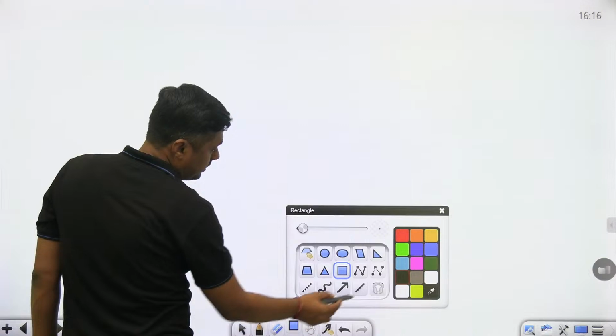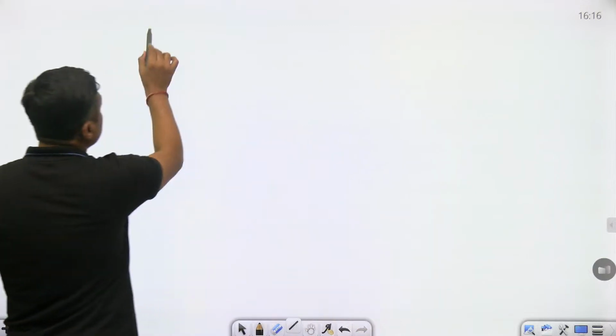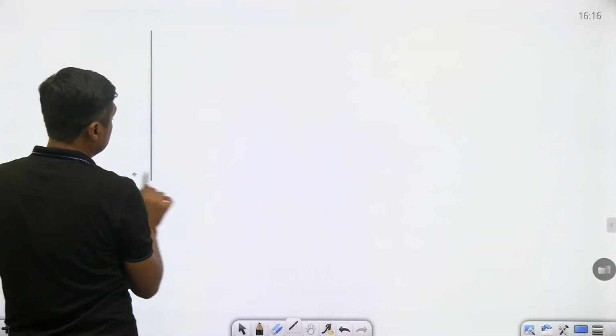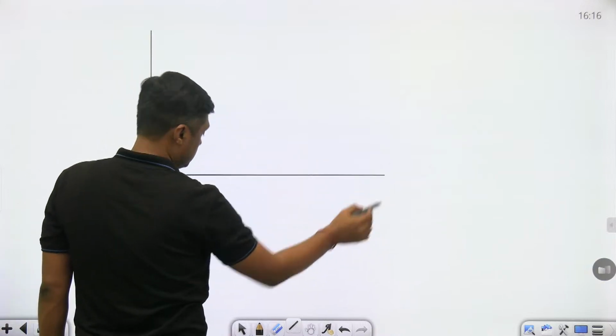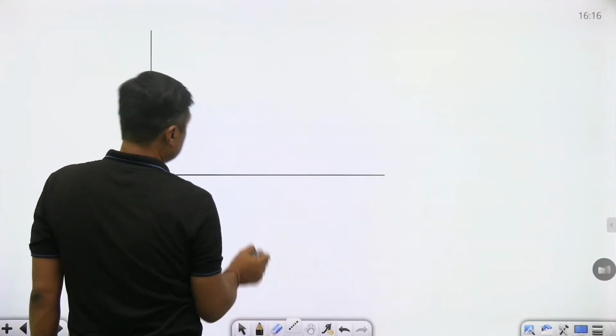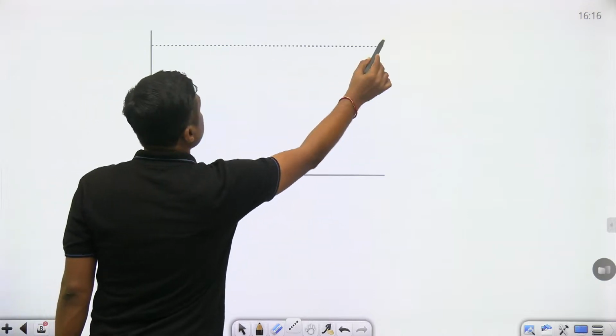What is the graph here? Like this, an exponentially increasing function.